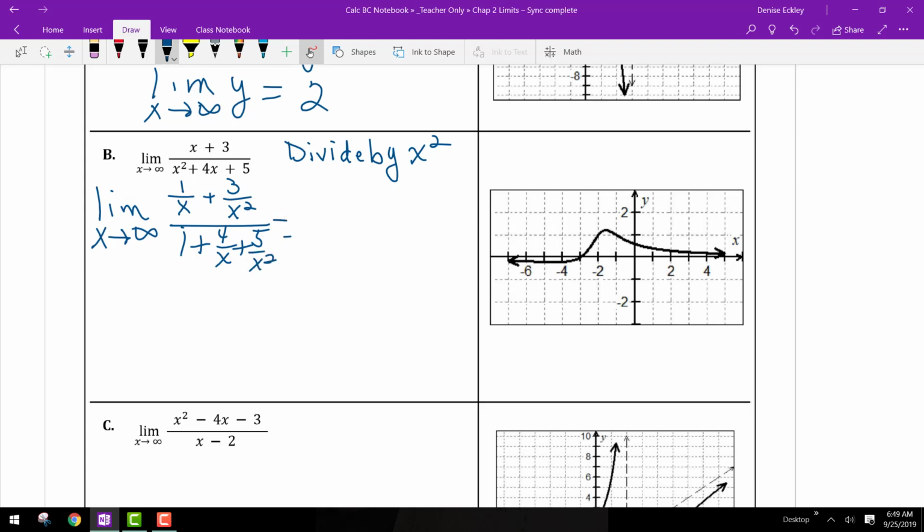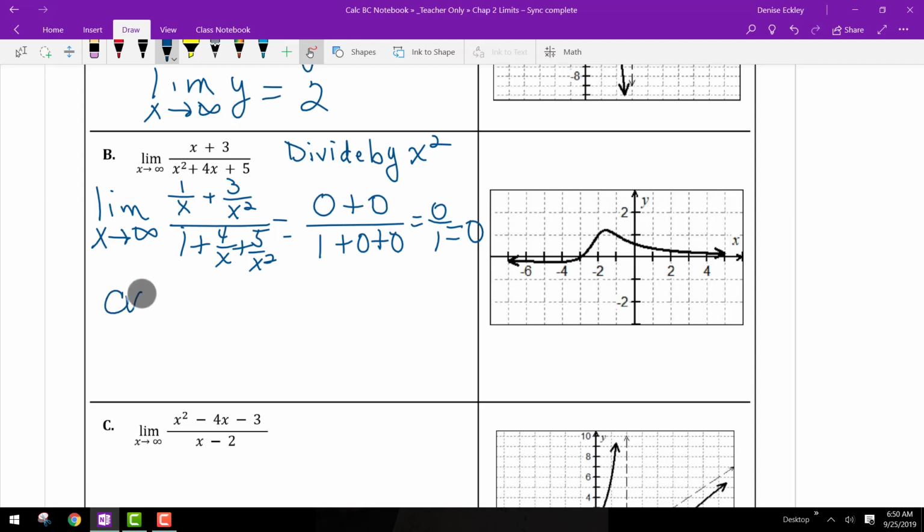We're going to do the same idea. In the top, we have 0 plus 0, because those denominators are going to get so large, those numbers are going to become super tiny, over 1 plus 0 plus 0. So we get 0 over 1, which is 0.